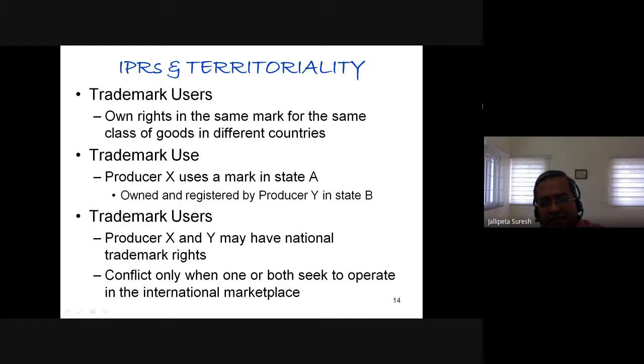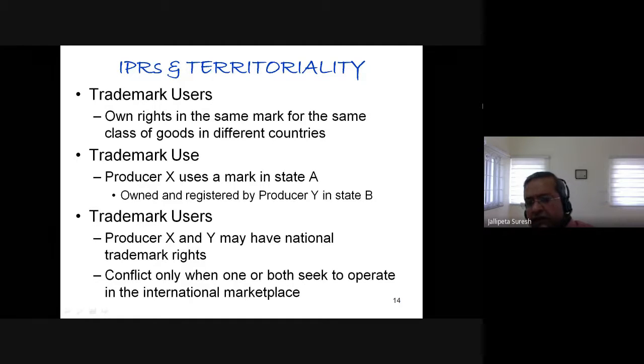Now, for instance, there is a producer X who uses a particular mark in a state A. And the same mark is owned and registered by producer Y in state B. So you are looking at a scenario where an identical mark is used in state A, whereas a similar or identical mark is registered by Y in state B. So here you're looking at two states where an identical mark is being used.